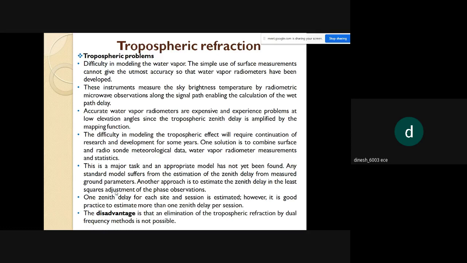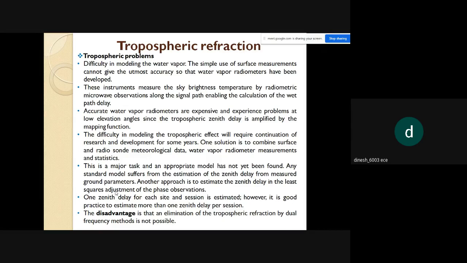So the water vapor content should always be monitored by using radiometers. These radiometers which have been developed, or are being designed, should give us accurate water vapor content measurements. This is a difficulty in the measurement of the troposphere.